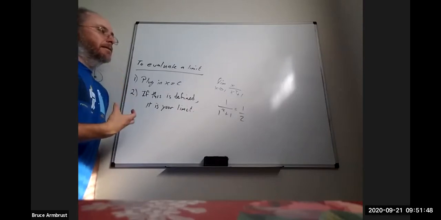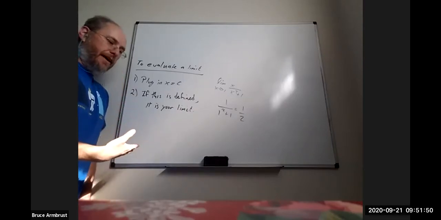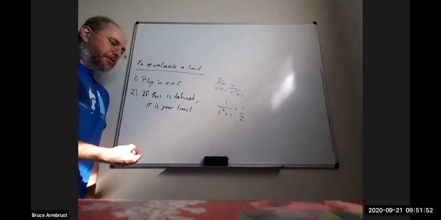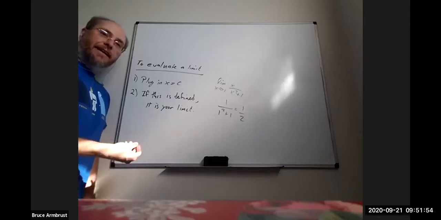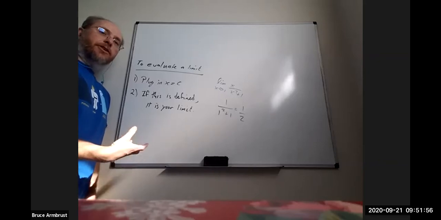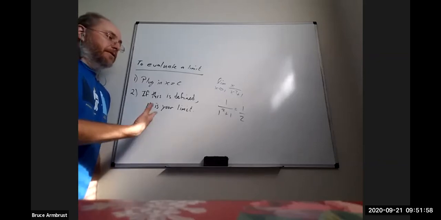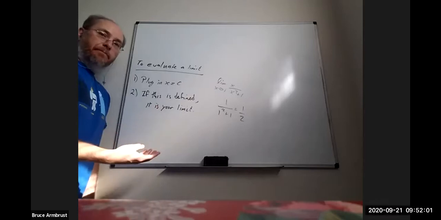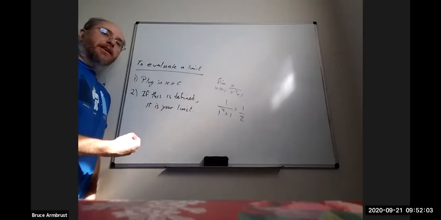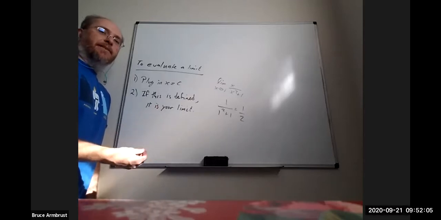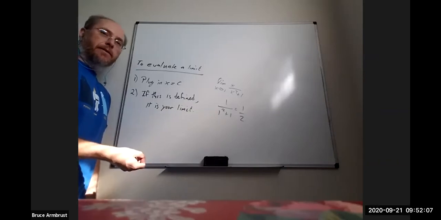even though limits talk about being close to that value, what's happening near that value, not exactly at that value, it turns out that for lots of functions, those are one and the same. What happens as we get close to a number is the same as what happens at that number.